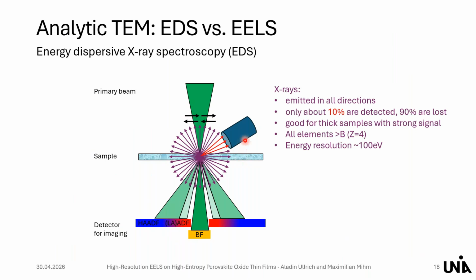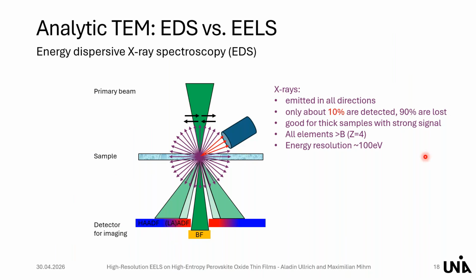So typically only about 10% are detected, and most of them are lost in the instrument. There are some special instruments made for EDS where you can collect up to 30-35% of the X-rays, because when you place several detectors around the sample, you can, of course, collect more, but it will always be the case that you lose many of them.